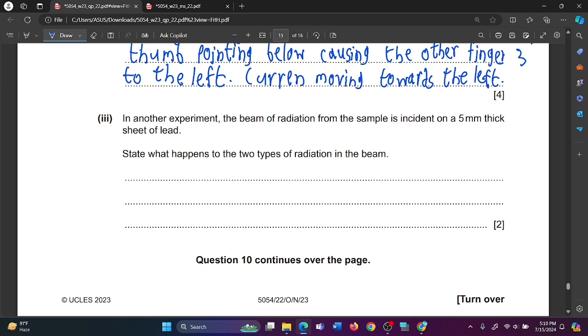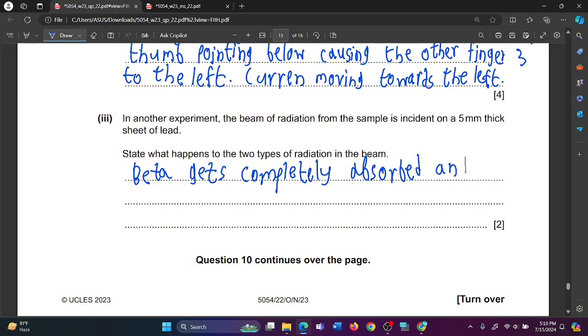So let's write beta radiation gets completely absorbed, and gamma radiation passes through.